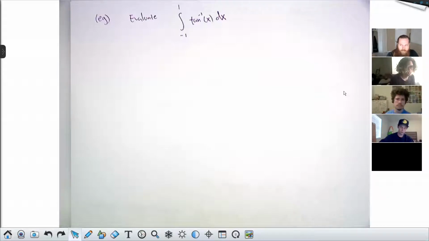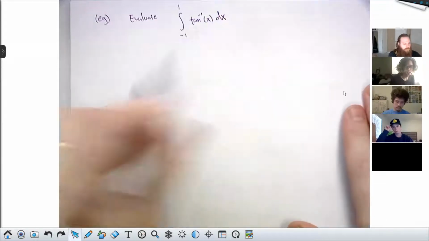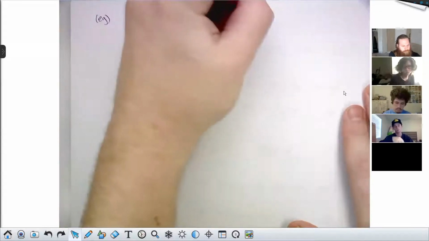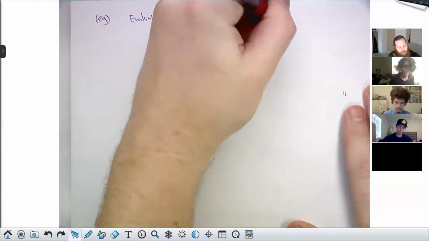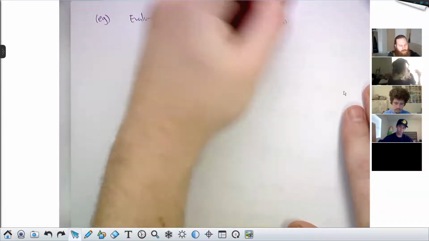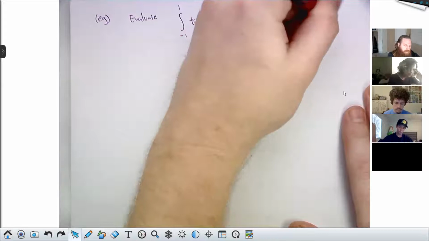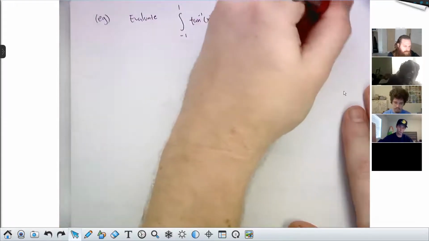This is a function defined as the inverse of another function. In our LIPET hierarchy, it's the second tier. So we know what we're going to do. We're going to run IBP with u equal to the inverse tangent of x and dv as everything else, which in this case is just dx.